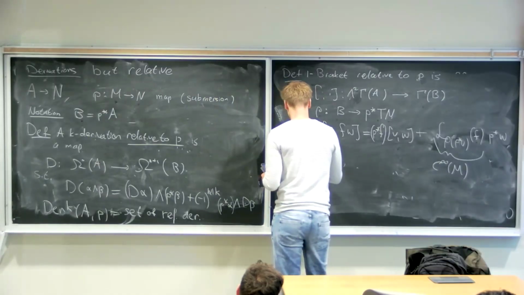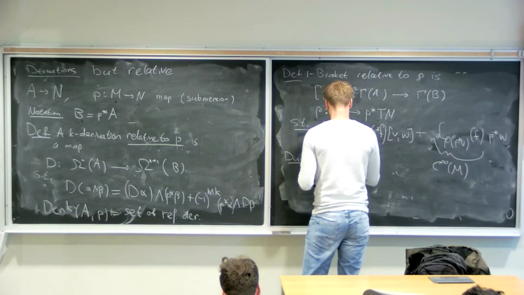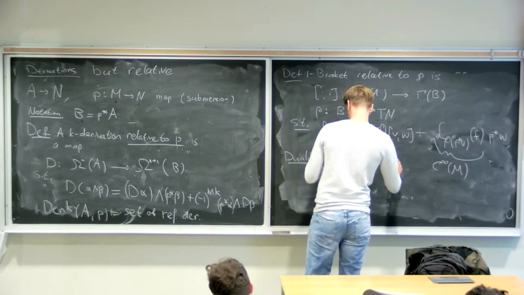And in this case, we have a duality through the Koszul formula.